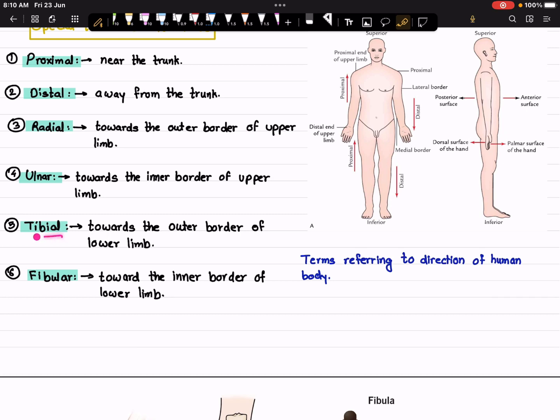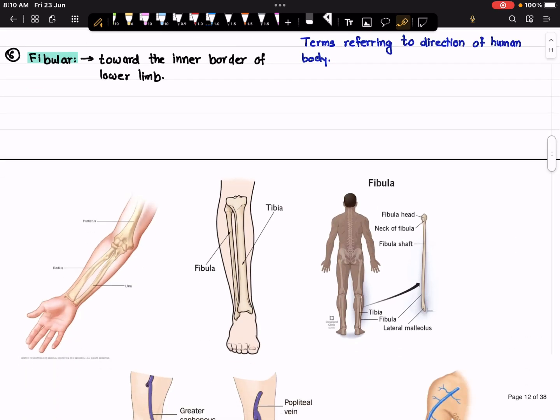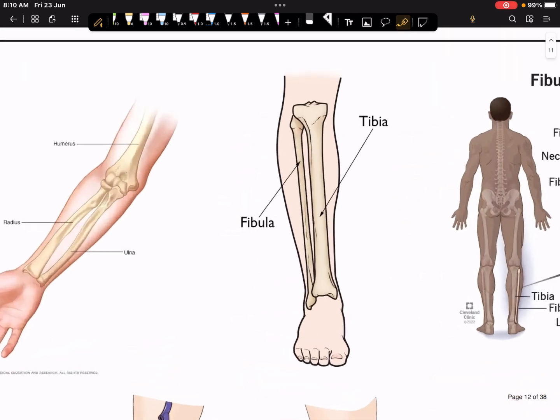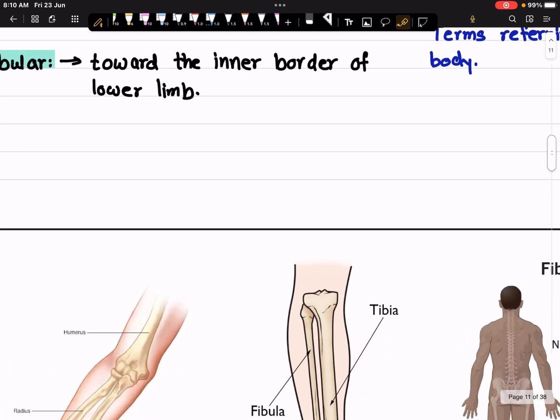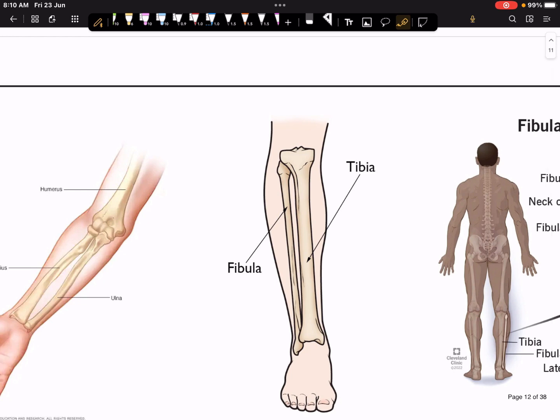Now coming to the tibia and fibula, we need to understand that this structure here is the tibia. The tibia is placed anteriorly and slightly towards the outer side. You might think that this is the inner border and this is the outer border, but this is not the case.